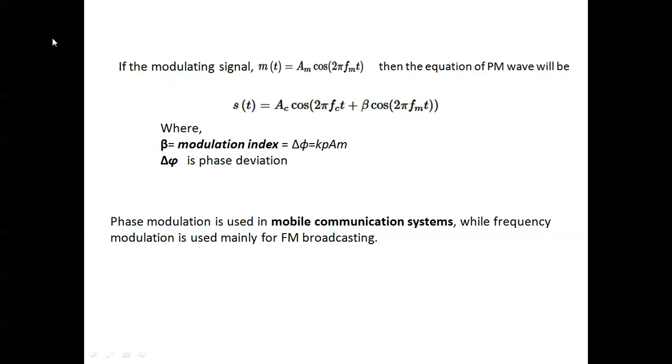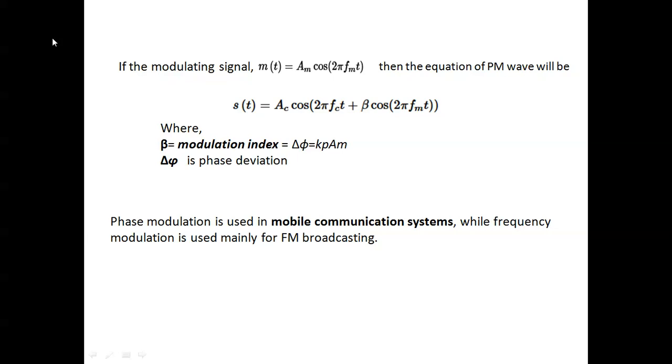So this is the equation for the phase modulated signal. In that, beta is nothing but the modulation index, which is equal to delta psi, equal to kp Am. So what is delta psi? Delta psi is the phase deviation.